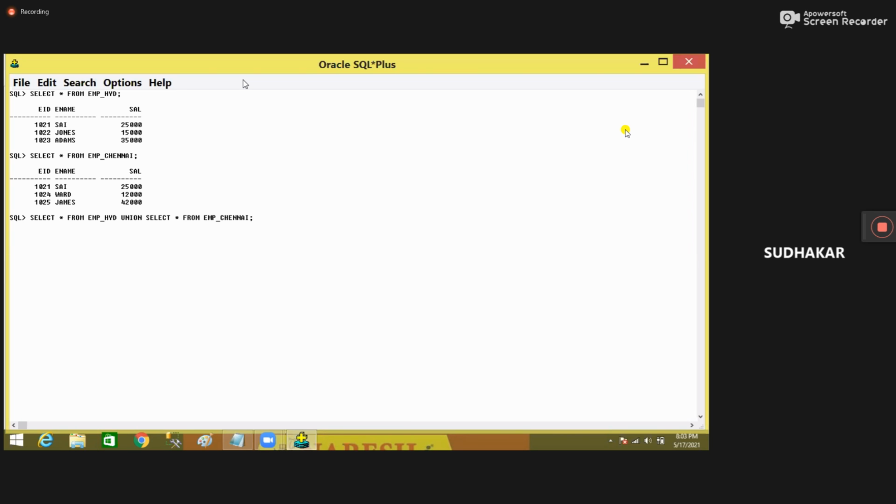So when I'm using the union operator, you can see the two branches' table information is combined and shown as one set of values. But in this result you can see 1021 Sai 25,000 row data, 1021 Sai 25,000 row data.